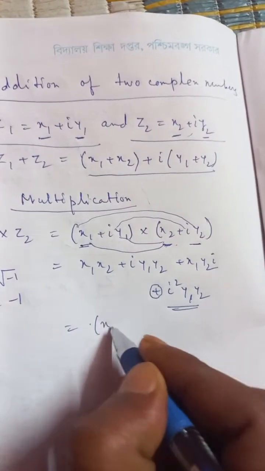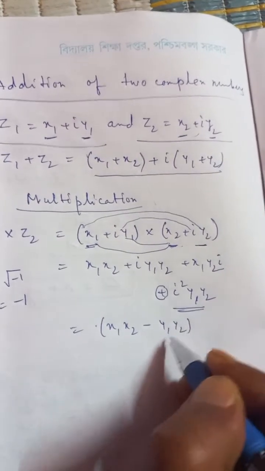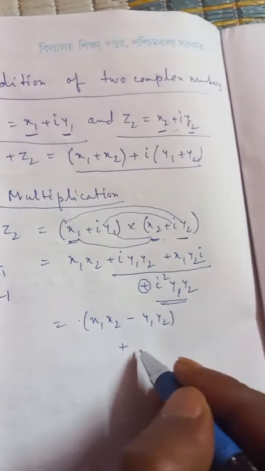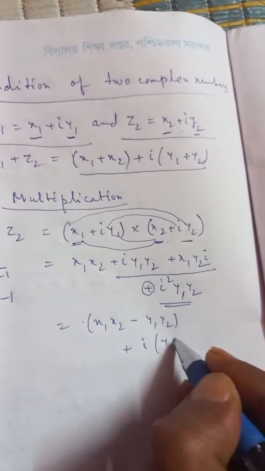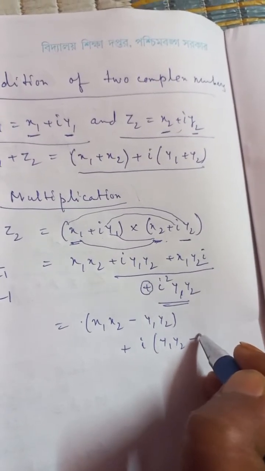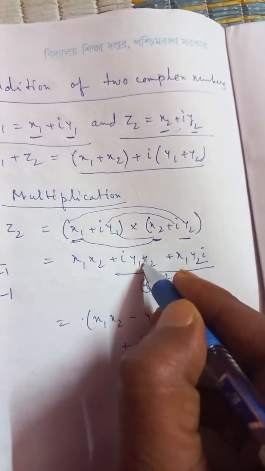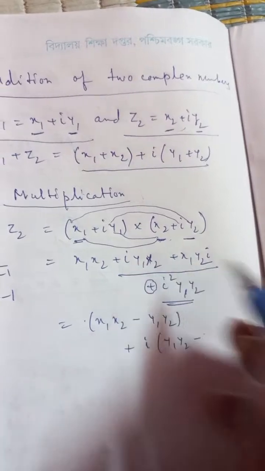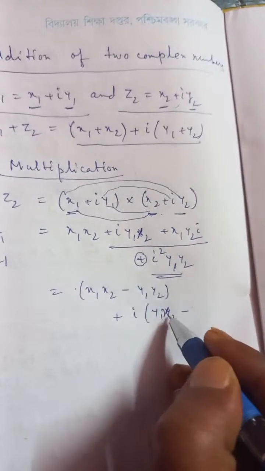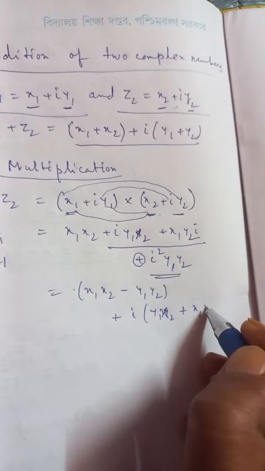So this will be x1 x2 minus y1 y2, and taking iota common in the remaining two terms, we will get iota times (y1 x2 plus x1 y2).